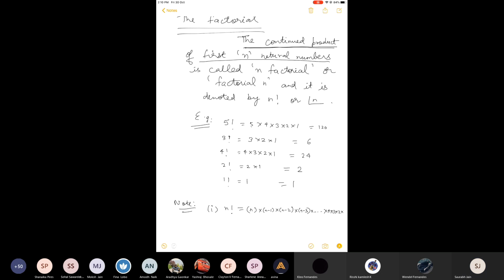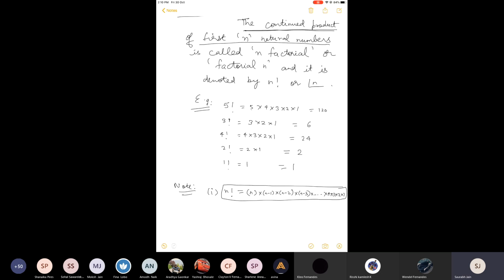You might have observed in all the examples that any factorial ends with 1 only, whether it is 5 factorial, 3 factorial, or 4 factorial. The last number is always 1, because that is the definition, product of first n natural numbers. And I am writing the natural numbers in decreasing order. So the number starts from the highest number and ends at 1, because 1 is the smallest natural number. So similarly here, n factorial means n, then the next one will be 1 less than it, n minus 1.